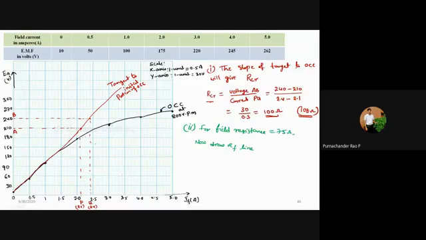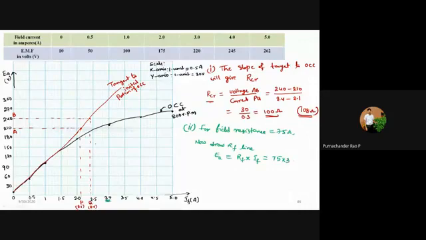So how to draw the RF line? To draw the RF line, I will consider that voltage E naught or EA is equal to RF into IF. RF is given as 75, and to take any current here, we need a point, so I will consider 3 amperes as the field current.